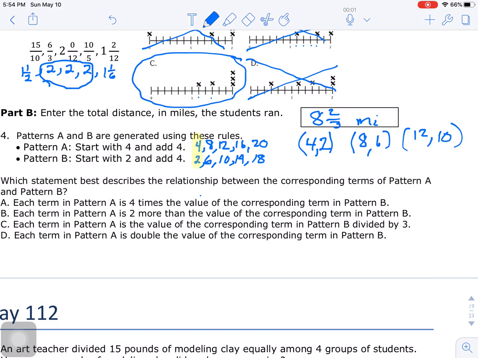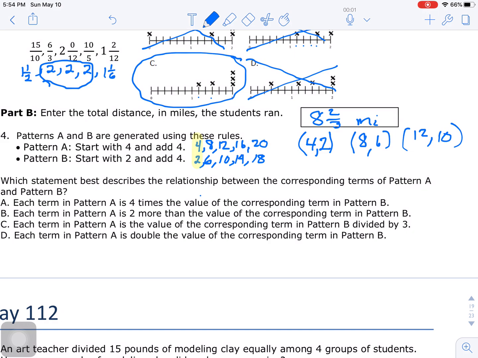Okay, so we want to read each of these descriptions. A says each term in pattern A is 4 times the value of the corresponding term in pattern B. So if I look at A, is it bigger than B?